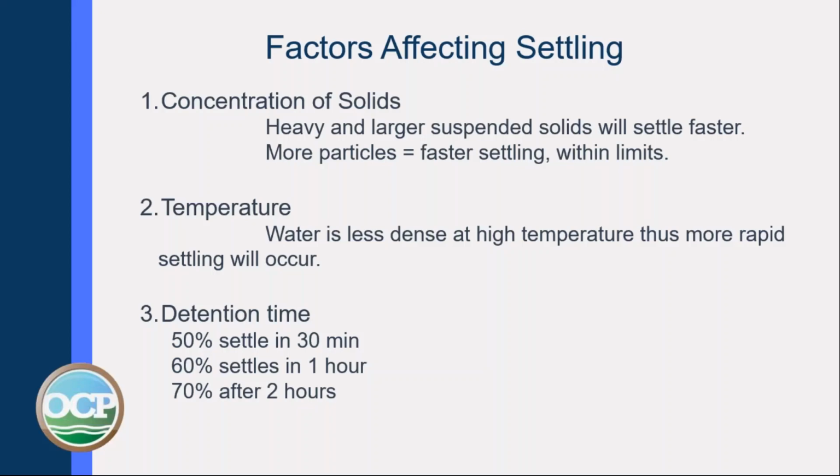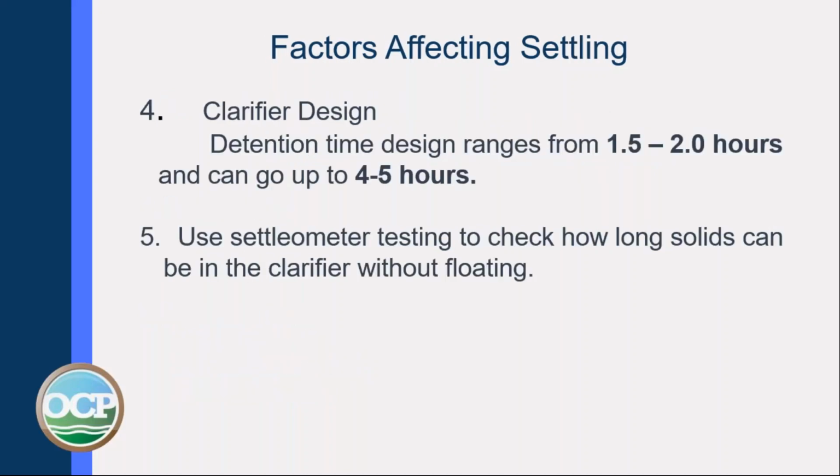Typical detention time in a primary clarifier: 50% of the solids will settle out in about 30 minutes, 60% in about 1 hour, and 70% after 2 hours. Clarifier design.